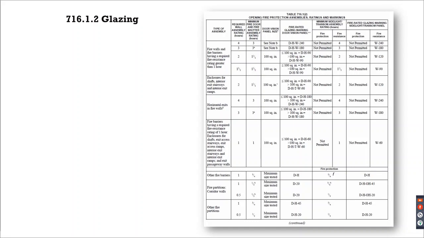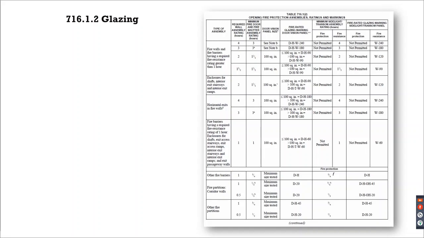Horizontal exits in firewalls. So very specific, right? Because a horizontal exit's a fire barrier, right? So if you go fire barrier and you look up to that first one, it says fire barrier greater than an hour, I'm going to use that. Well, hold on a minute, this is specific. You got fire barrier, that a horizontal exit, that's a fire barrier, but then a horizontal exit and a firewall. Just make sure you're looking at the right type of assembly.